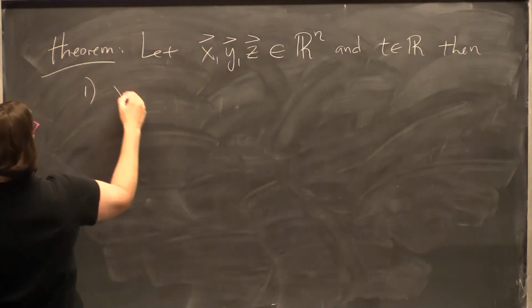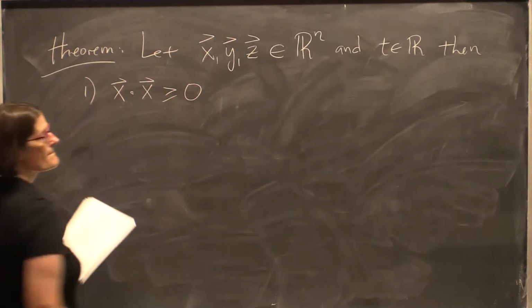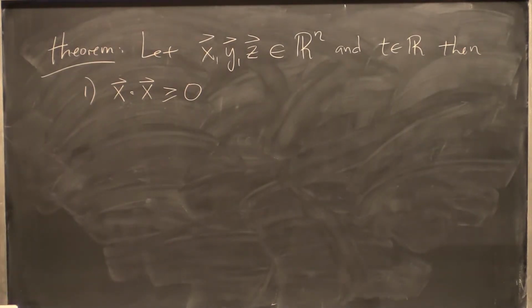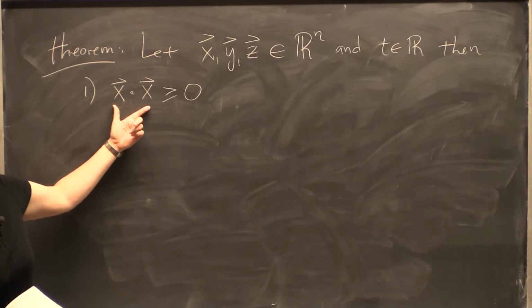first of all, the dot product of a vector with itself is greater than or equal to 0. That is because you take each component, square it, and add them together. Each piece in that sum is greater than or equal to 0.